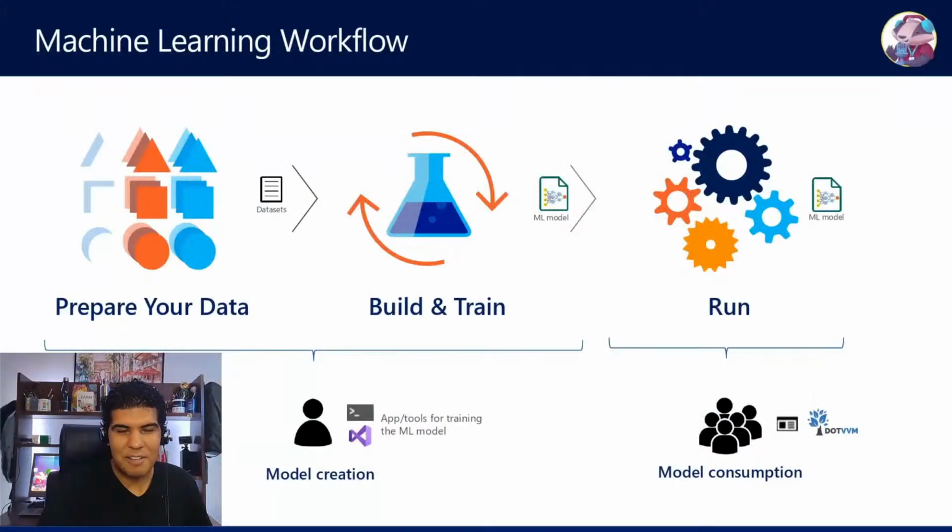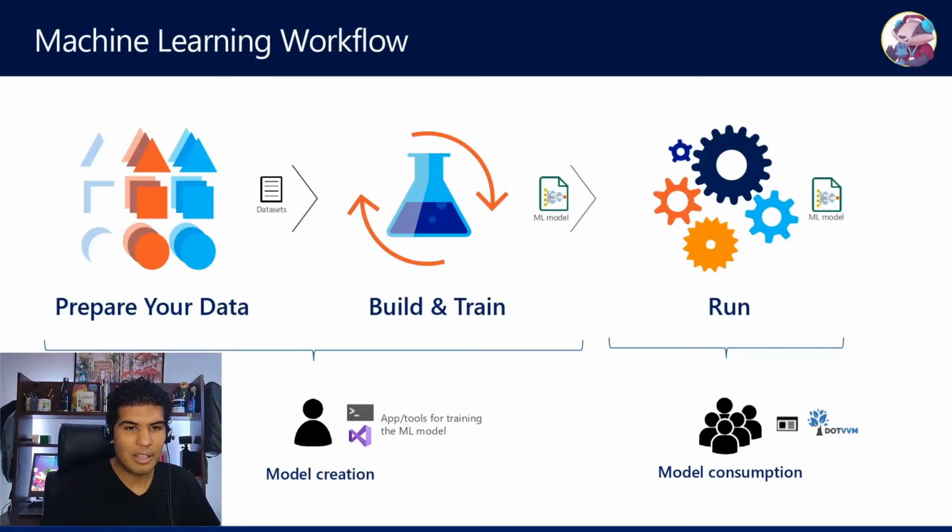Now, how do we work with machine learning in ML.NET? The first thing we need to do is prepare our data through a dataset, and then build and train our model to generate it. Finally, we can run our model to prove it in real scenarios.